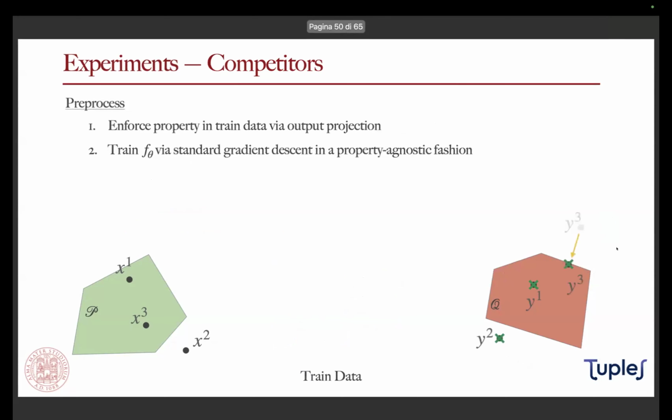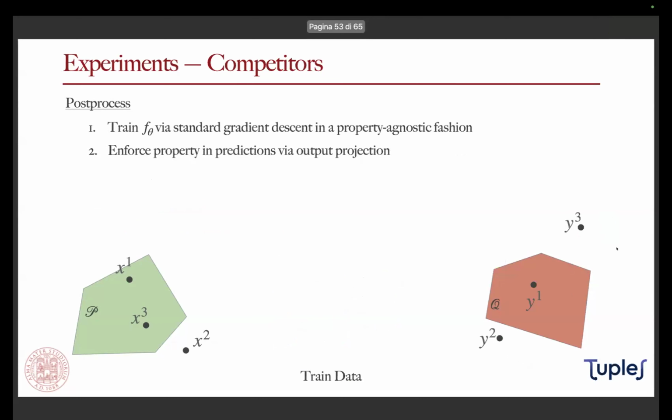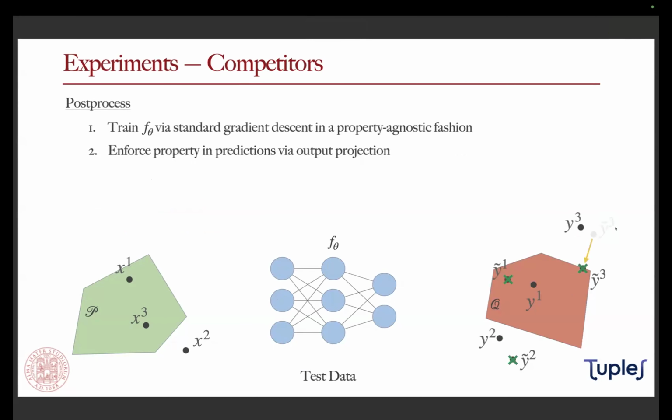For test data, you're defining the feasible area. Do you have a different feasible area for the test case? How did you define this? Oh, this is from training? Yeah, okay, that's an important point.